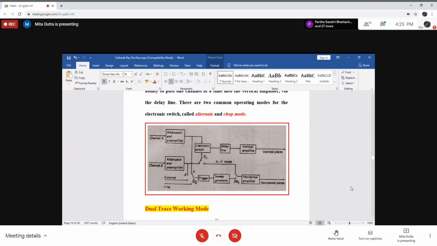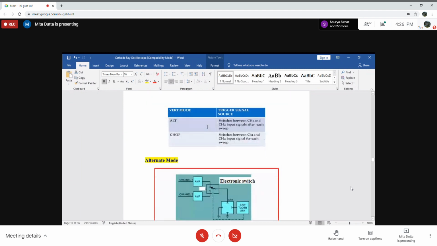Now the electronic switch will connect first channel A and then channel B, and this electronic switch works in two ways. One is alternate mode and another is chop mode. Now let's see in alternate mode how the switch is being connected. We have alternate mode and we have chop mode.